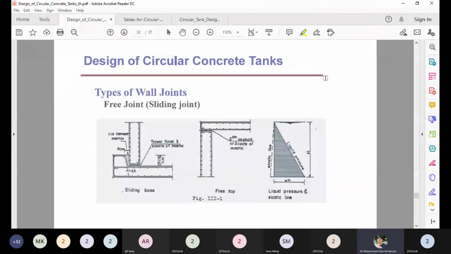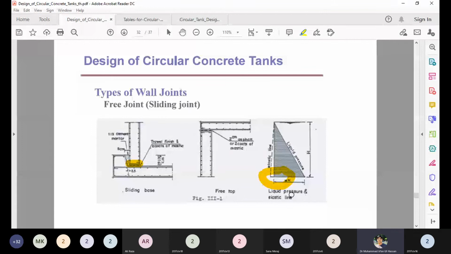Now these forces depend upon the end conditions. There are different possible end conditions. Sometimes it is a free end or sliding end, a sliding free joint. There is no monolithic connection here, so this will not take any moment because this will show the deformation.